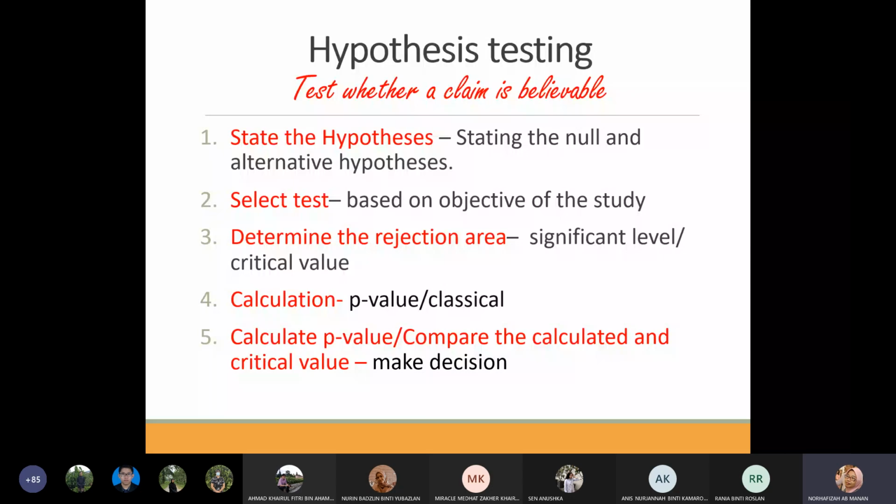That one we call the classical method. But other than that, we also can convert the t calculated value to probability. We call it p-value. So these are both methods, p-value and classical method, to know whether your null hypothesis is rejected or fail to reject.